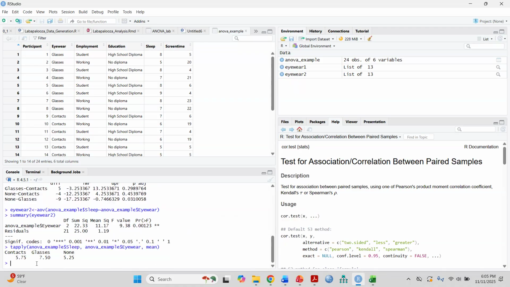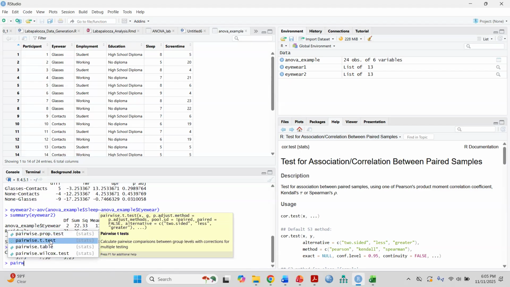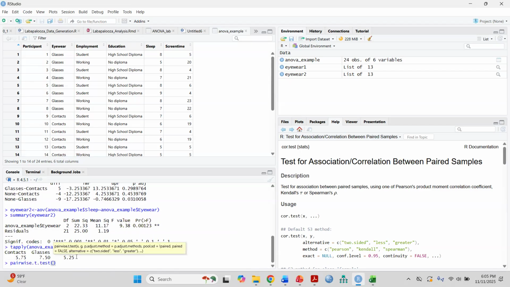Okay, so it looks like people who wear glasses are getting more sleep compared to people who have contacts or neither, but we don't know which of these things are significantly different, although we might be able to make some guesses similar to before. We don't know though, so let's do a Bonferroni pairwise. So you do pairwise.t.test, and then you're going to again specify your dependent variable, sleep.